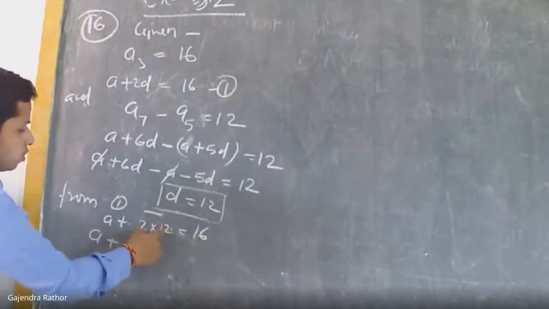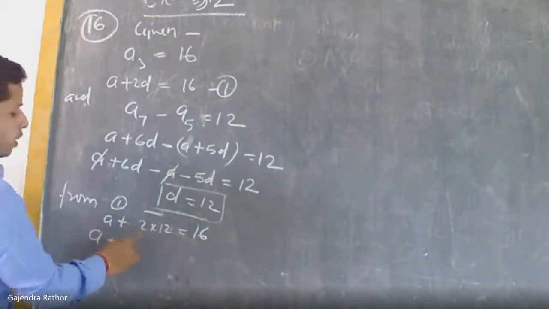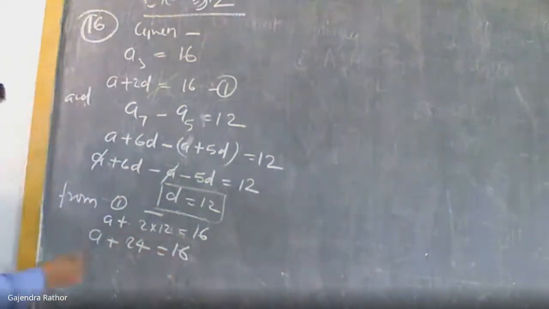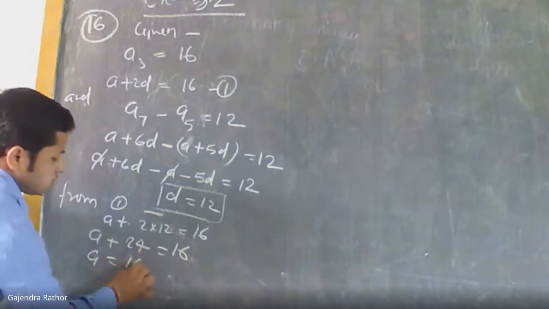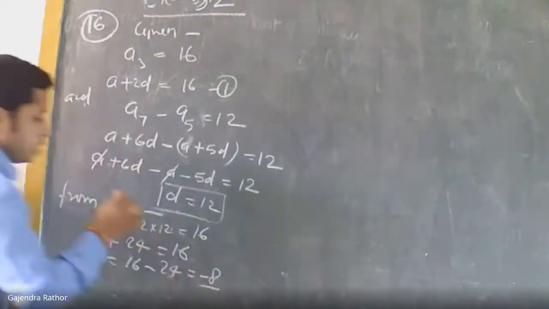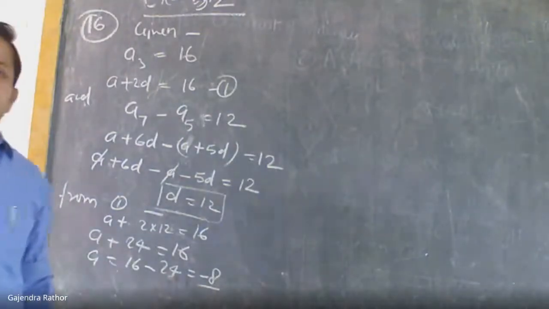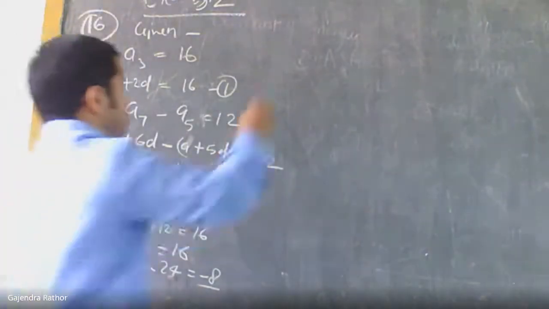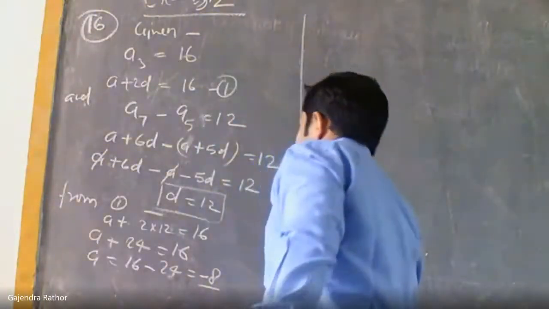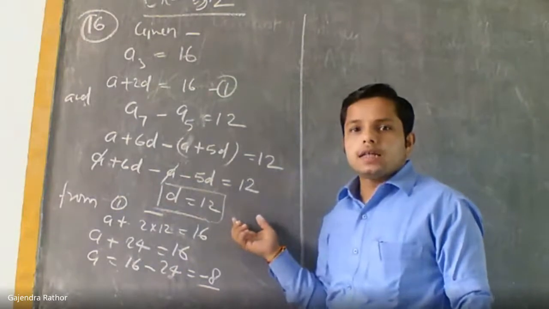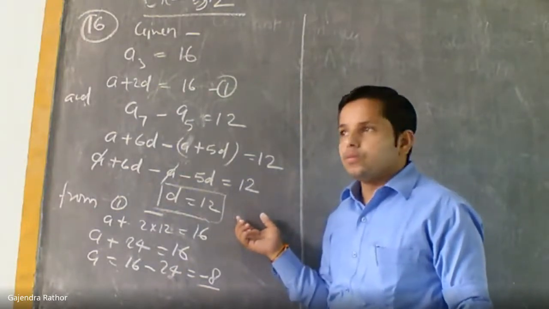A plus 24 is equal to 16. A is equal to 16 minus 24, which is minus 8. So we also got the value of the first term. Based on the first term and the common difference, we can find the other terms of this AP also.